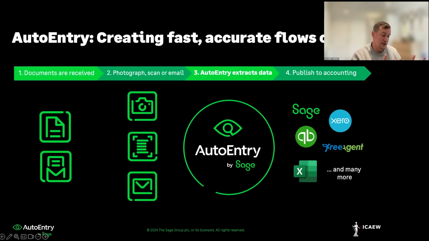So you can use the mobile app to capture that receipt while you're in the car, or if it's a pet receipt, when you get back in the car, just capture it right there and then. You can scan things in, like I said before, through a scanner within the office. Or if you receive it by email, you can forward that email to auto entry. It will read the attachment or the body of the email and then extract that information.